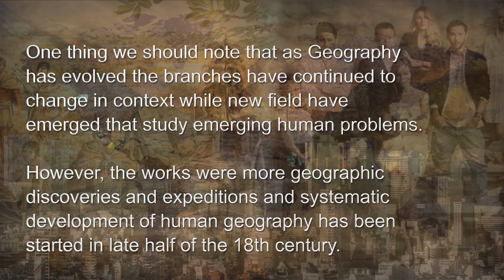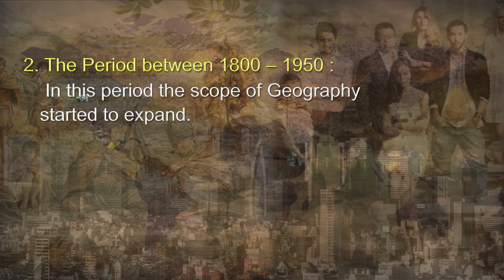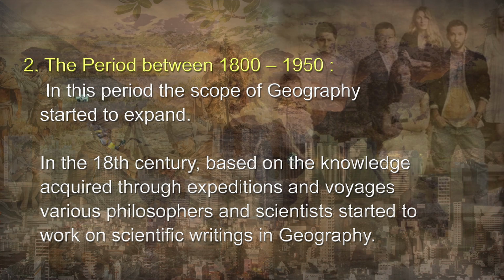Coming to the next period, that is the period between 1800 to 1950. During this period, the scope of geography started to expand. In the 18th century, based on the knowledge acquired through expeditions and voyages, various philosophers and scientists started to work on scientific writings in geography.